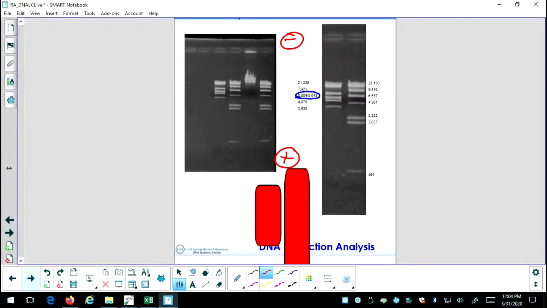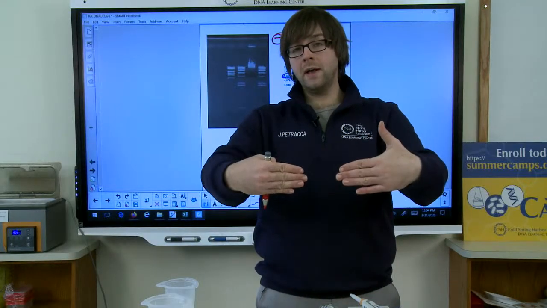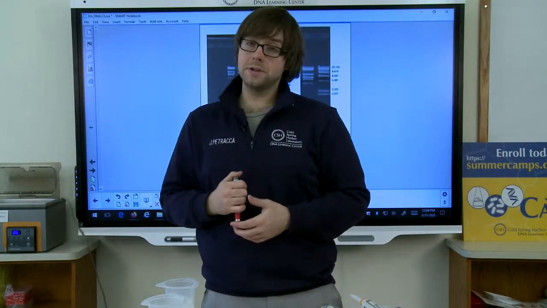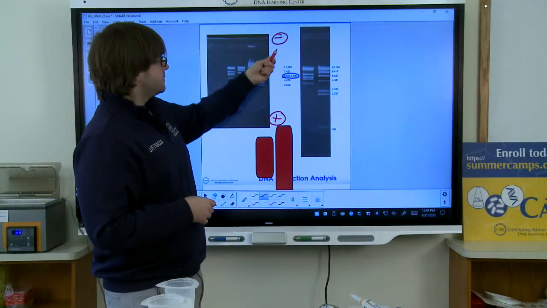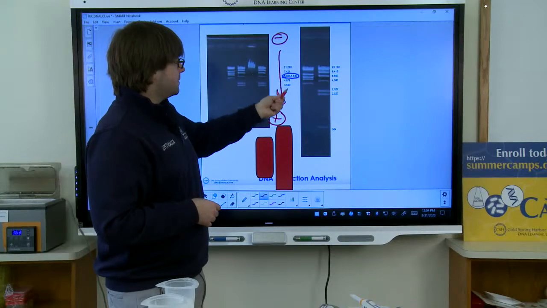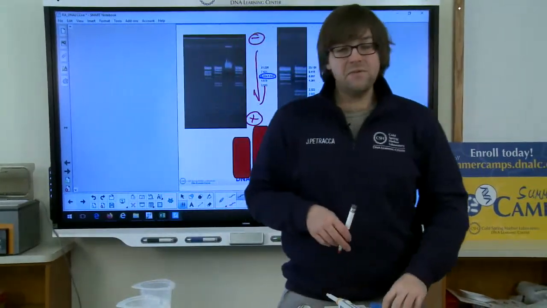We do that because we load our DNA up at the black line, by the negatively charged electrode. That pushes the negatively charged DNA through the gel and pulls it towards the positively charged electrode. Sort of like that.